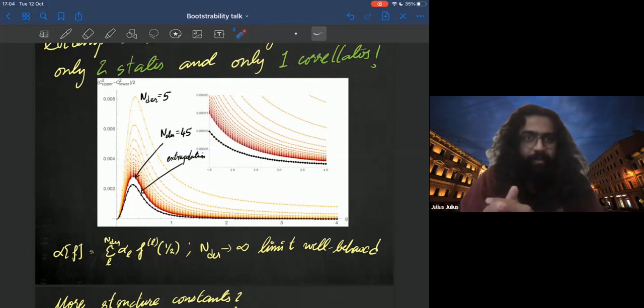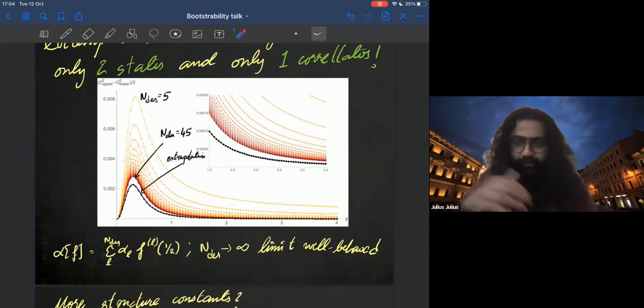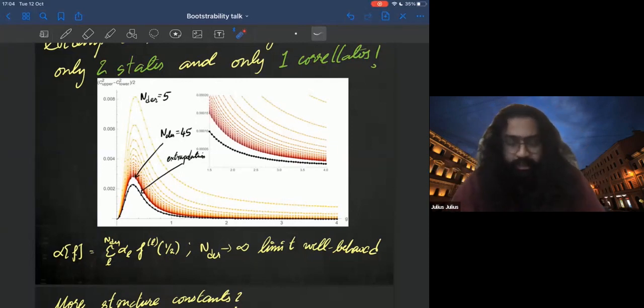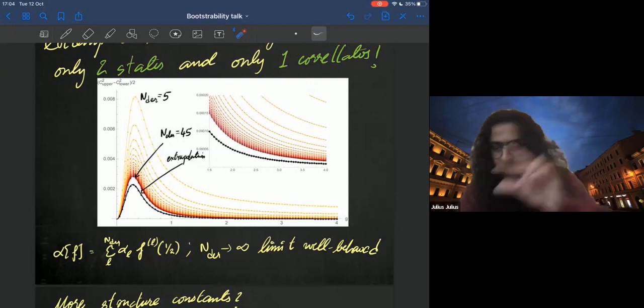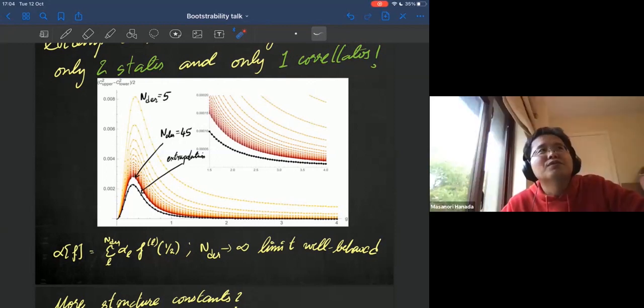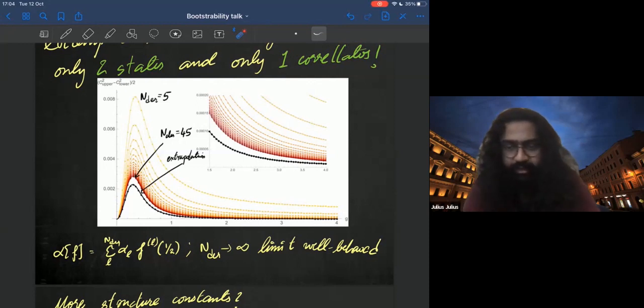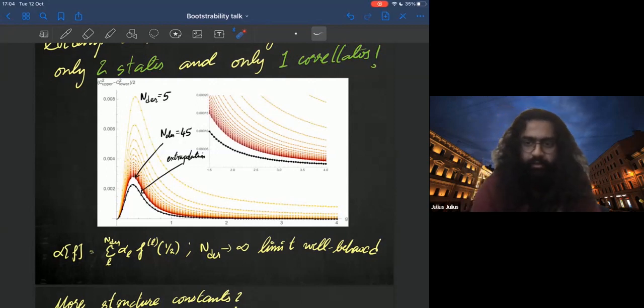But maybe one should think a bit more and not use it like a black box, because intuitively you expect that if I inject more spectral information, I should be able to reduce this error at least in principle to zero. But it's surprising. This is something we are thinking about right now, but we don't have any concrete answers yet. Thanks.